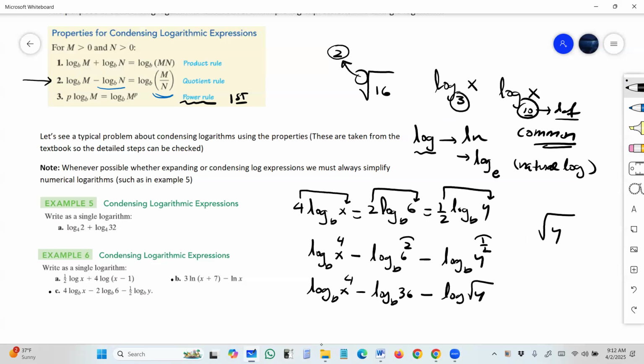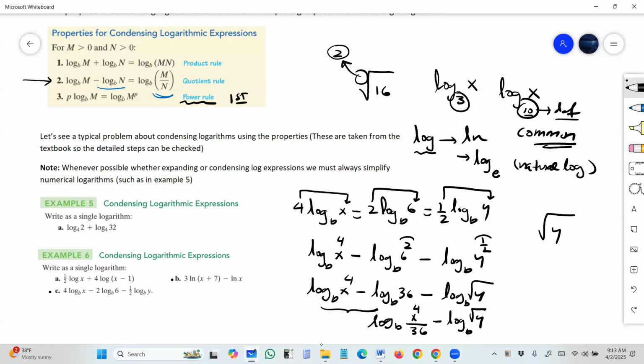And now I will apply the quotient rule, but I have to be careful because I have to apply it one at a time. So I'm going to do the quotient rule here. This is going to be log base b of x to the 4th over 36, and then minus the log base b of square root of y.